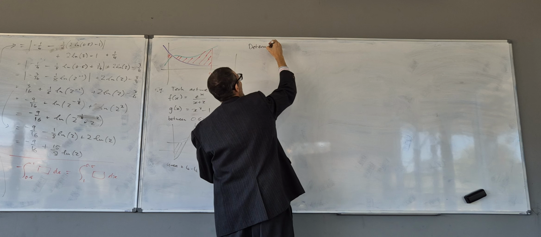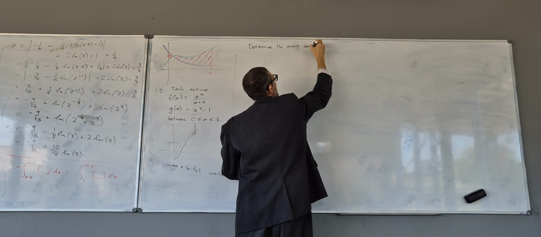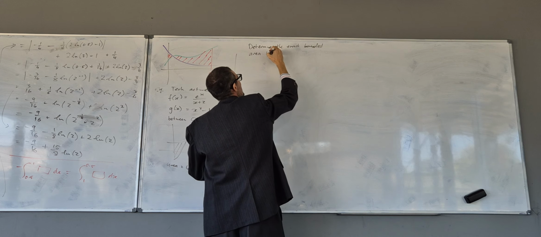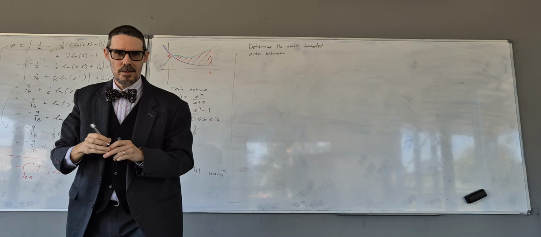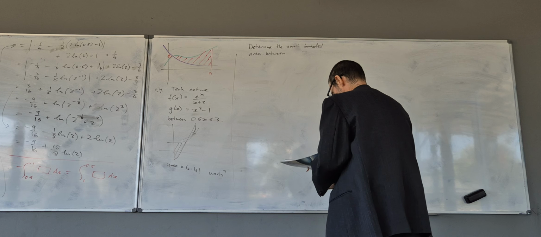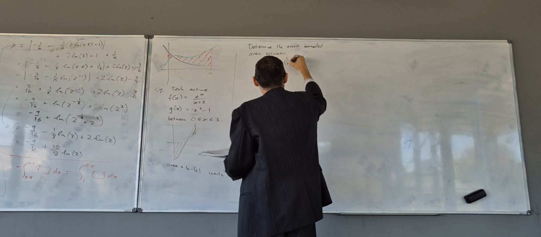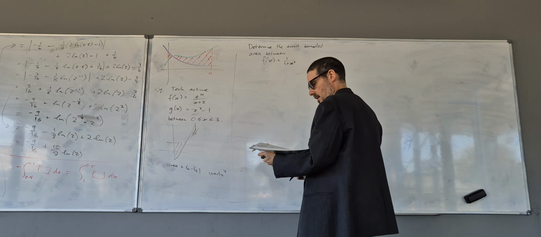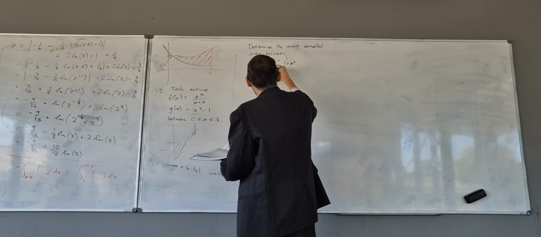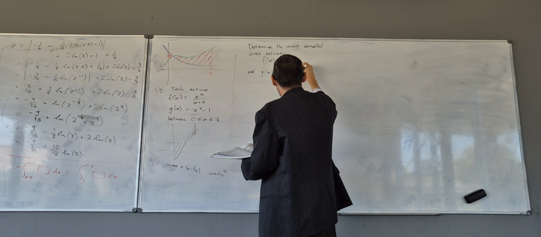Determine the exact bounded area between, what am I doing? f of x equals 1 over 1 plus x squared, and g of x equals half x squared.